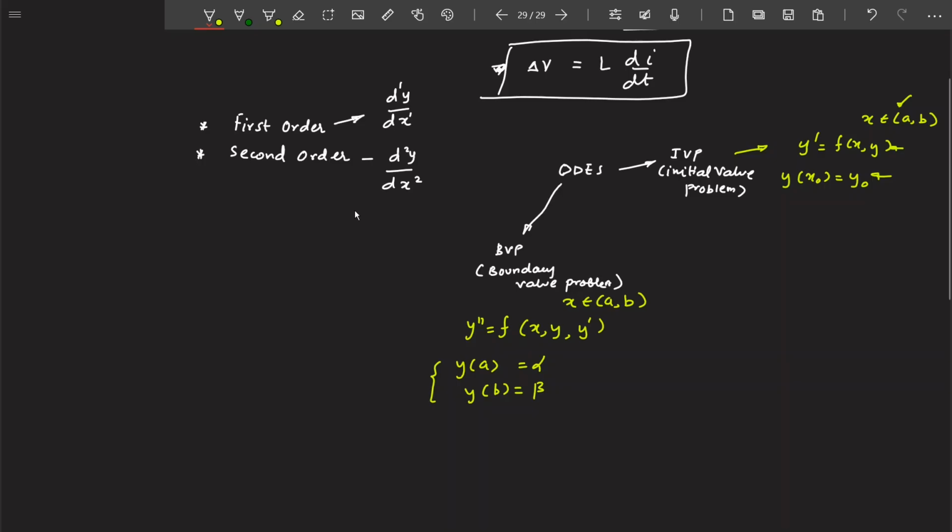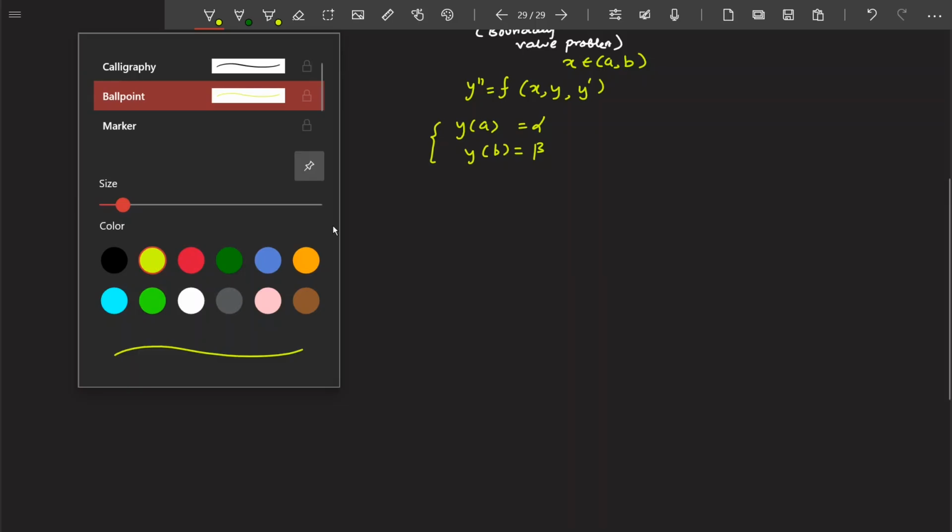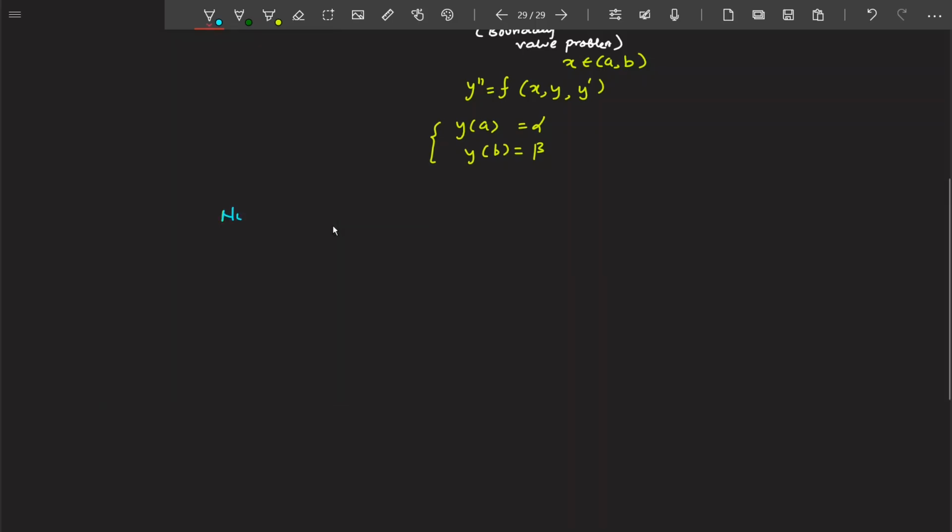This classification is very important for us, because when you talk about numerical methods to solve ODEs, you can classify them into two.